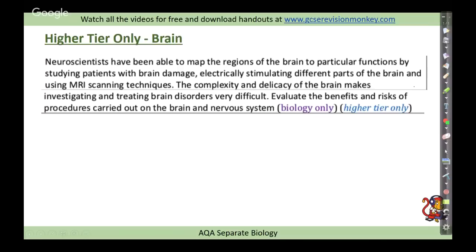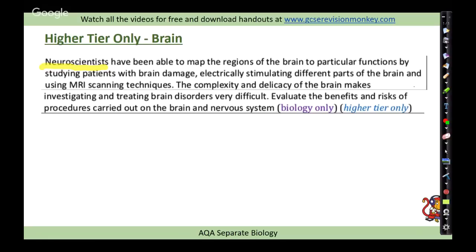Higher tier only then, a bit about the brain. You need to know a little bit about these scientists, neuroscientists that work on the brain, and you need to know that they've been able to map regions of the brain to particular functions by studying patients with brain damage, electrically stimulating different parts of the brain and using MRI scanning techniques.